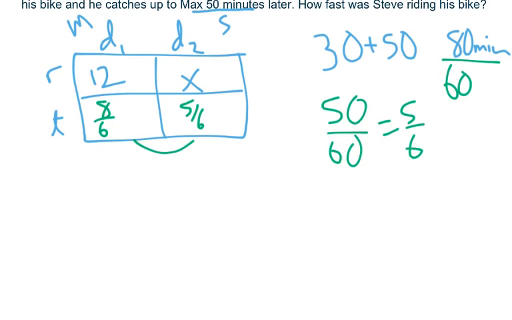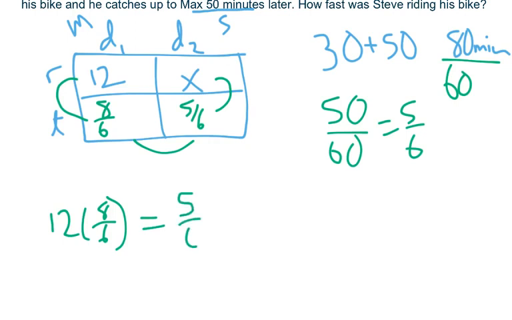All right. So anyway, we now multiply these together and set them equal to each other. So we'll have 12 times 8/6 is equal to 5/6x. We can simplify. So 12 and 6 become 2 and 1. So we're looking at 16 is equal to 5/6x.